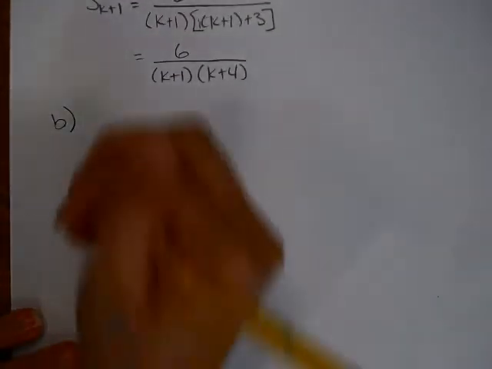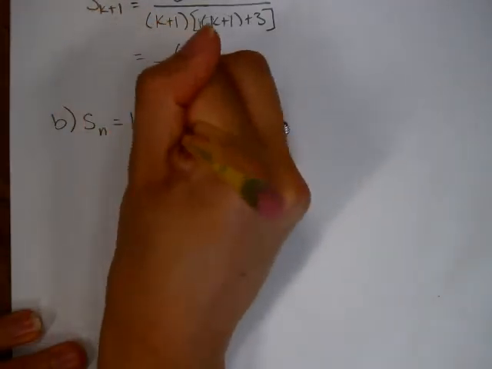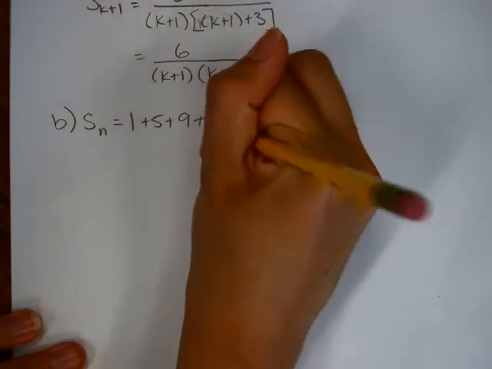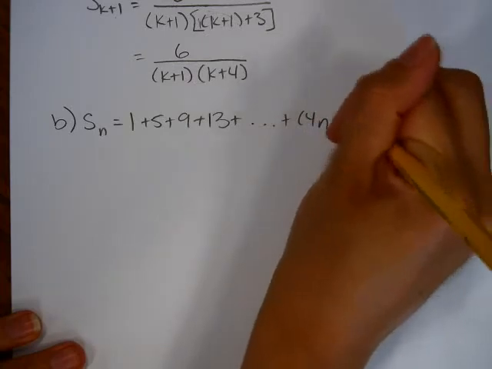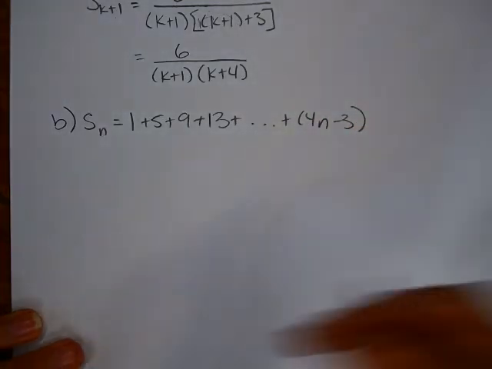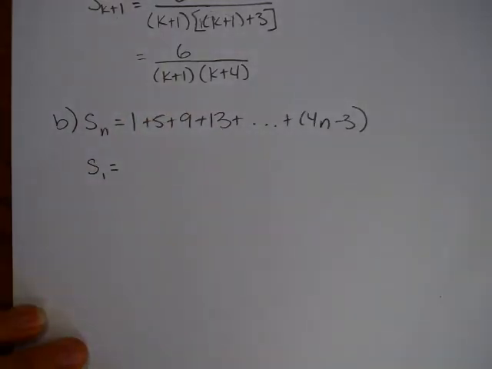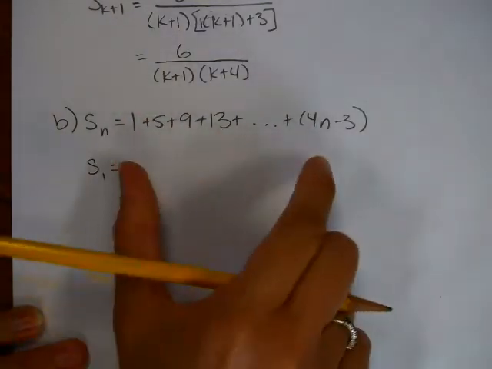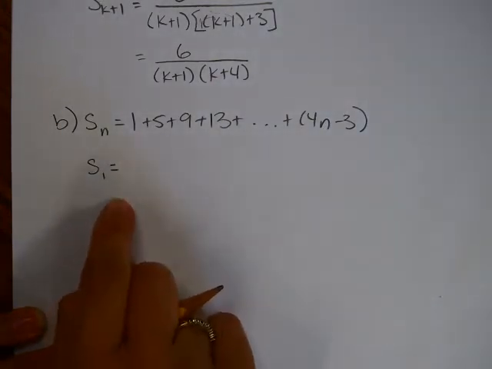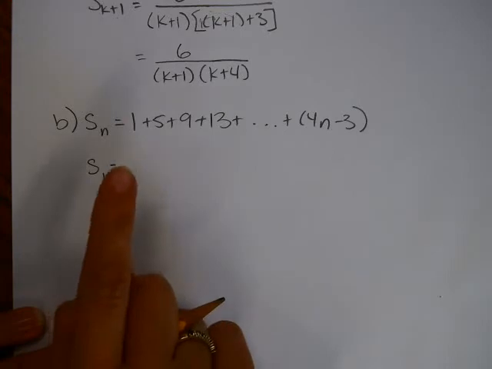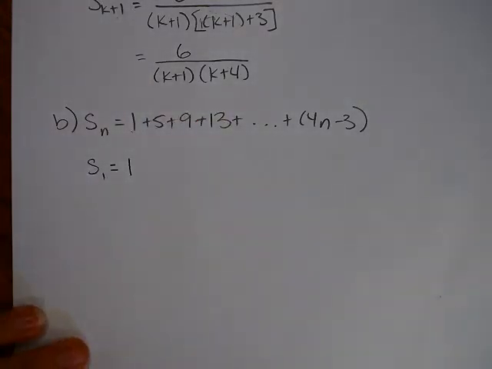Next, let's take a series. S sub n equals 1 plus 5 plus 9 plus 13 plus up to 4n minus 3. So this is the sum of the first n terms. When we say S1, we're saying what is the sum of the first term? Well, our first term is just 1, and that's all you need to do.